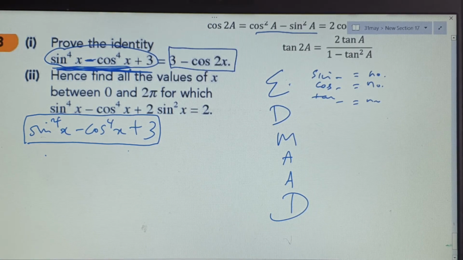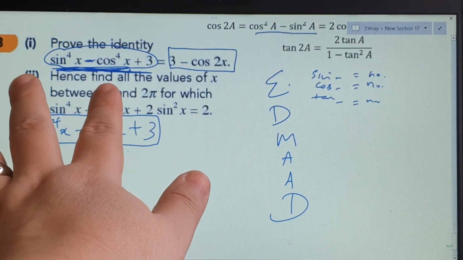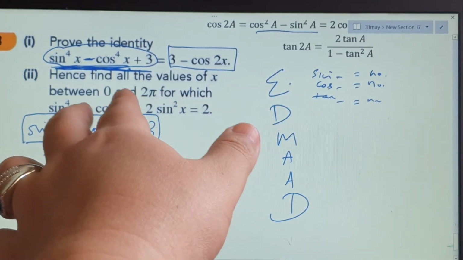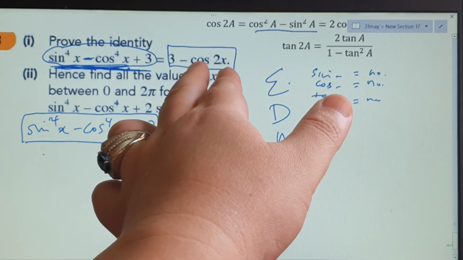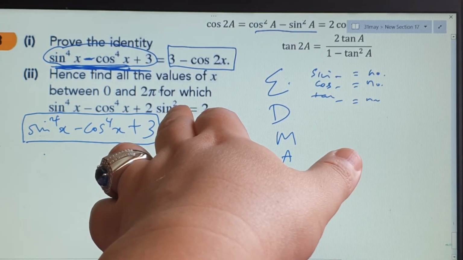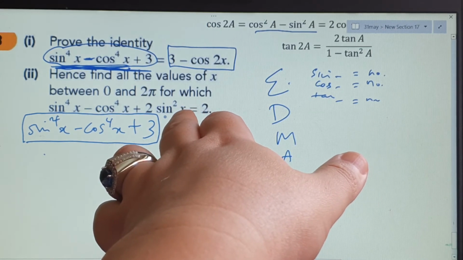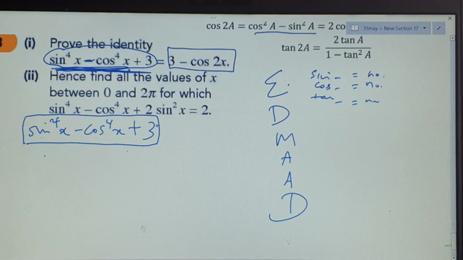Then you ask me why you want to do that? Because to have power 4 is very hard to solve. Very, very difficult to solve. So we want to avoid that. So we go to a trigo ratio without the power. Already there's a power here. We try to get rid of it later. So now how do we do the question? What we need to do now is we plus 3 this side, right?